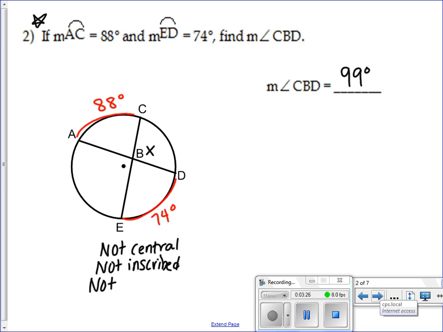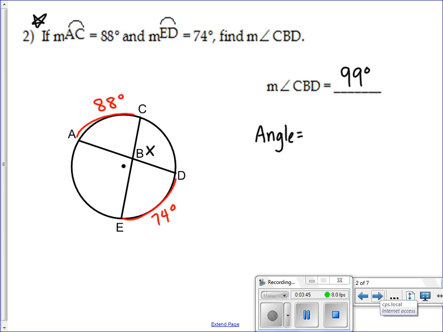So this is one of those scenarios where this is an angle inside of a circle. So when you have an angle inside of a circle and you're given the arcs, you're going to end up adding those arcs and taking half. So we definitely want to use this equation. The inside angle equals 1/2 arc 1 plus arc 2.